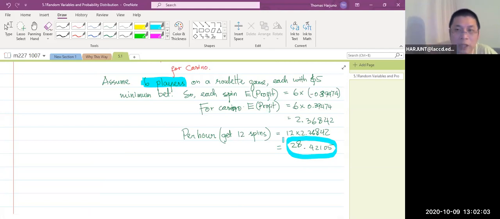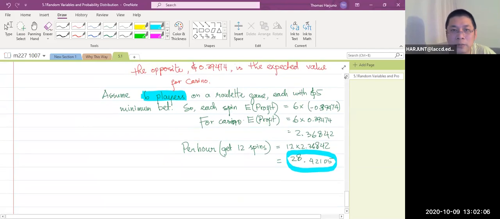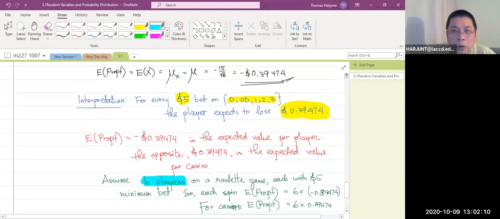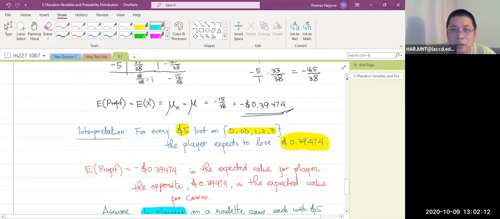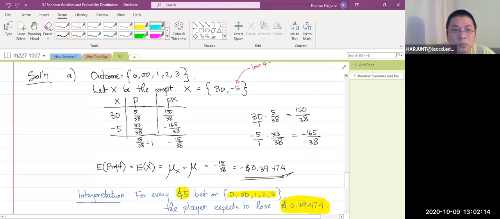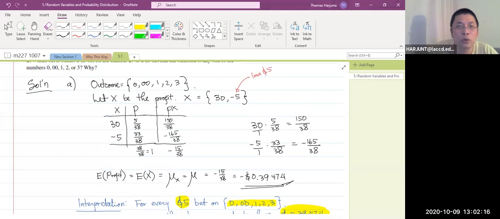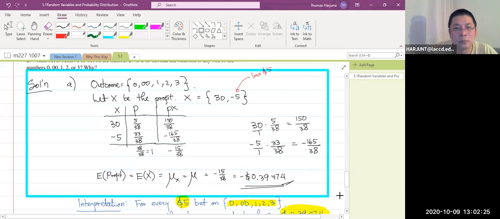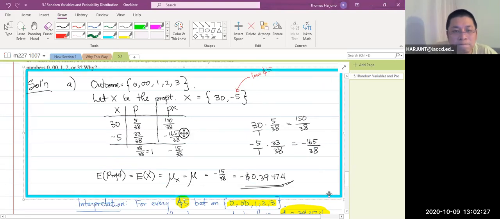Okay, that's for the roulette table though. For example, for blackjack, of course, it is a different computation. At least what you need to know is this part here. You need to know this. In fact, you need to know how to set it up.